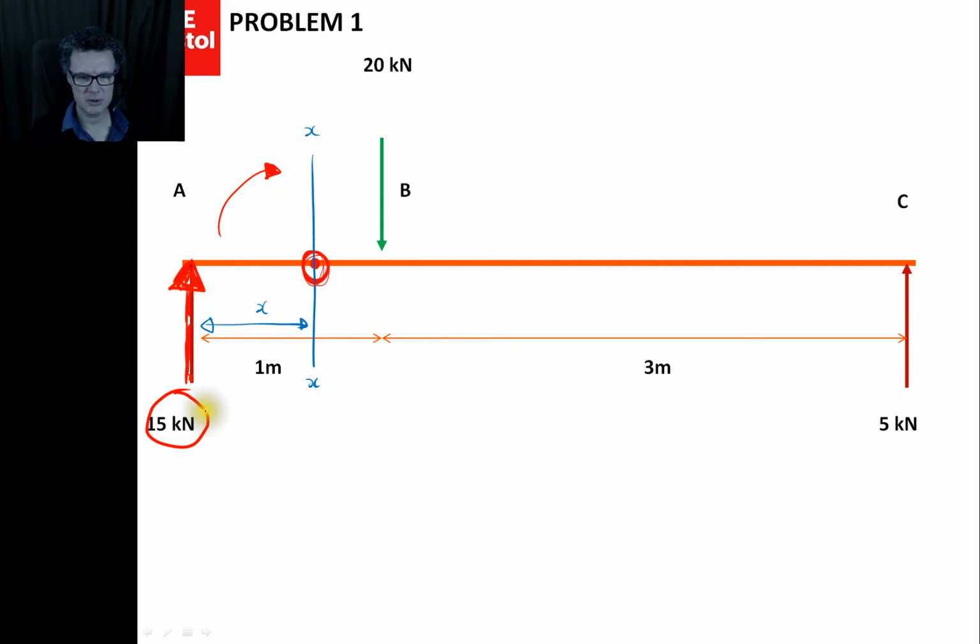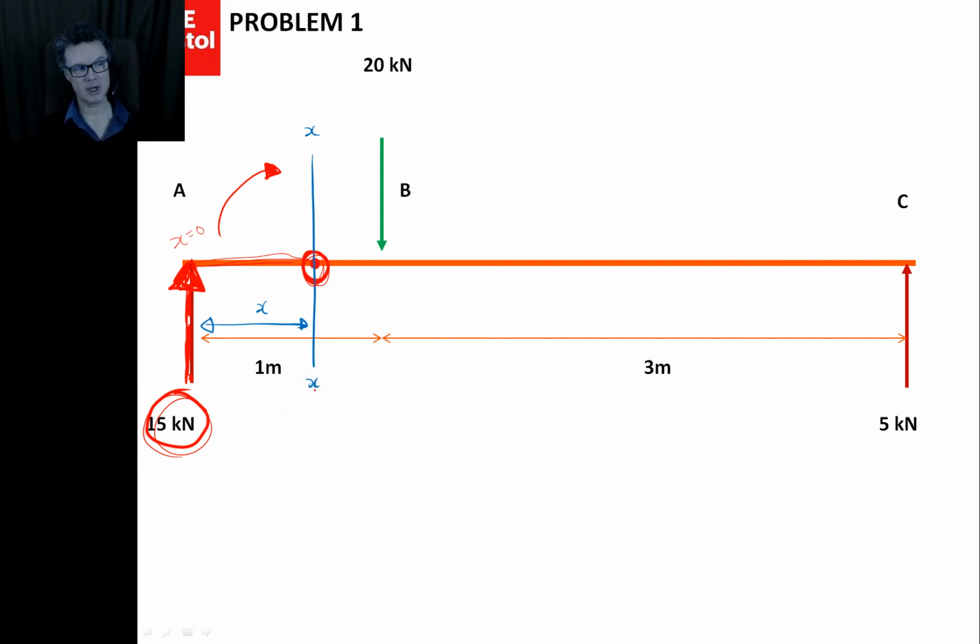There's only one force I can see left of me, and that's this 15 kilonewtons. So I'm going to measure my distance from there to there. Since x equals 0 is defined as this point, this distance is going to be x. So the moment is just going to be 15 times x.